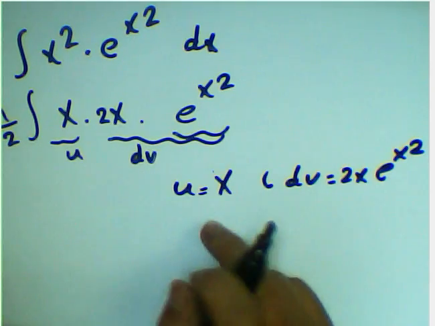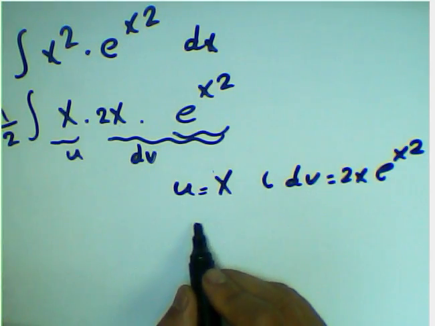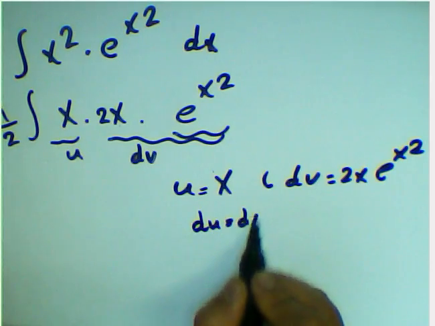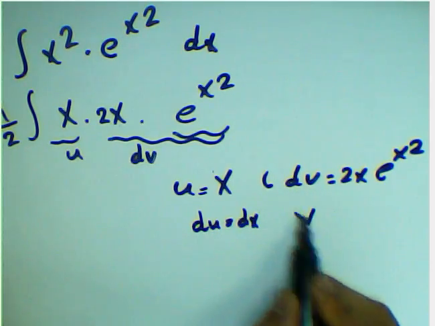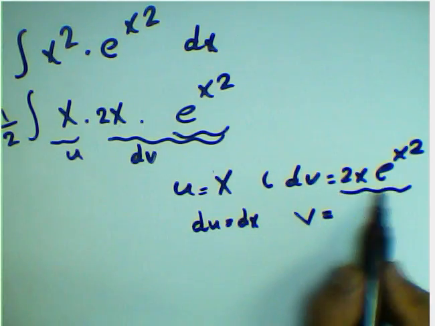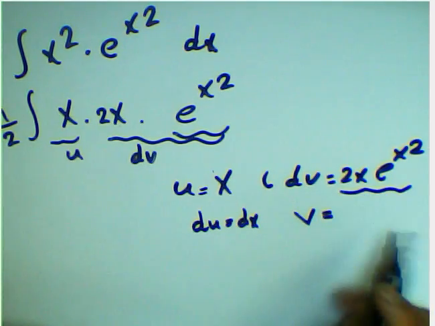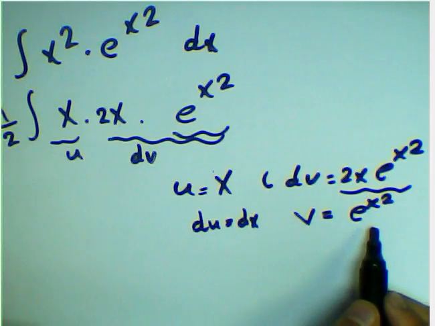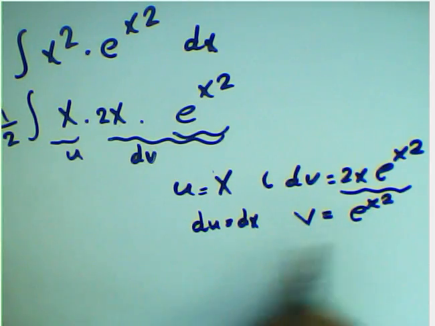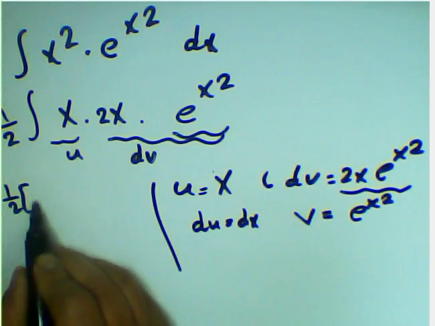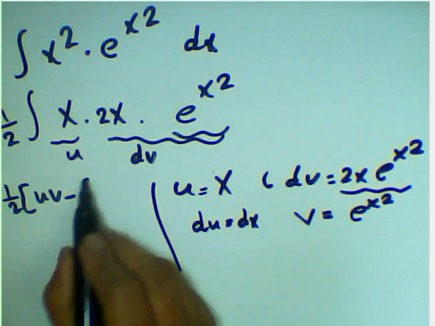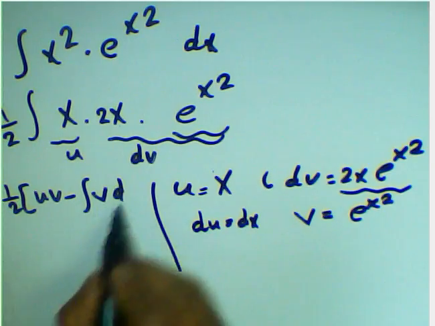The derivative of x will be 1, then du equal dx, and the integration of dv will be v, and this function we have function and derivative behind it, it will be e power x power 2. Using the rule to find the result, u multiplication by v subtract integration of v du.